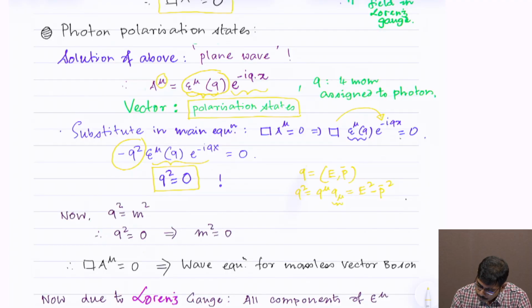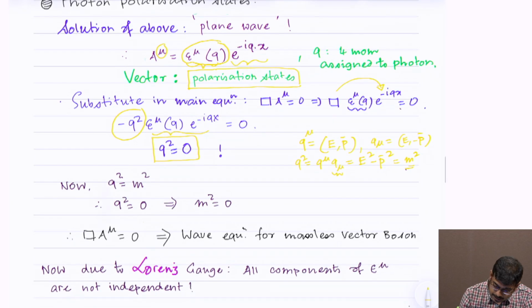So if q upper mu is E comma P, then q lower mu is essentially E, minus P, and that is why q square is E square minus P square. Now, E square is equal to P square plus m square for any field, right? Therefore, q square will always be equal to m square, where m characterizes the mass of the particle.